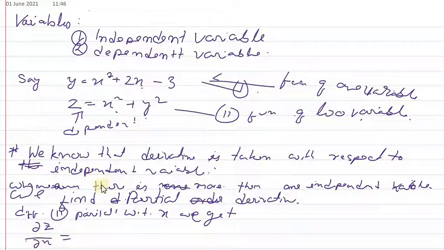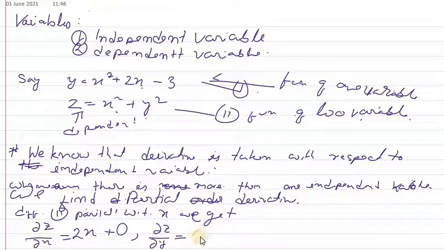We are differentiating with respect to x, so x is the variable and y is constant. The derivative of x squared is 2x, so this will be 2x plus the differentiation of y square. But y square is a constant here, so this will be 0. Similarly, if you differentiate with respect to y, we write del z by del y. This will be 0 plus 2y.